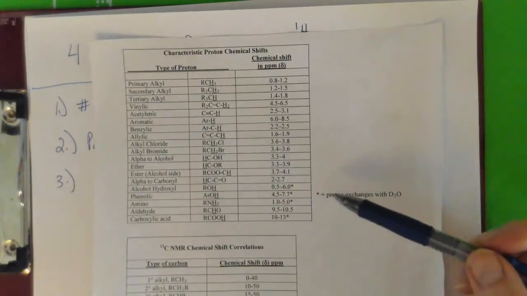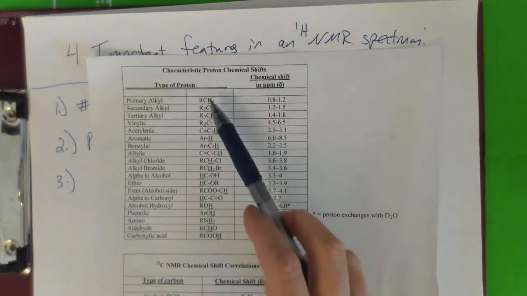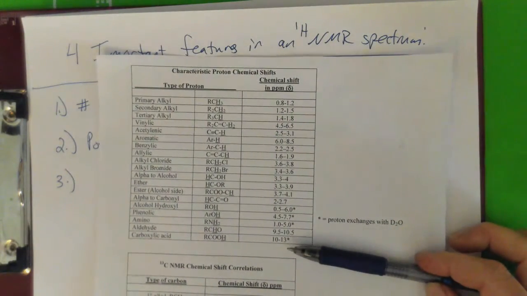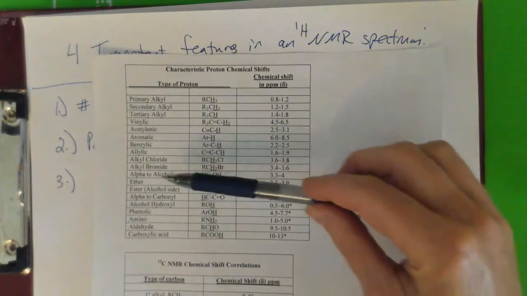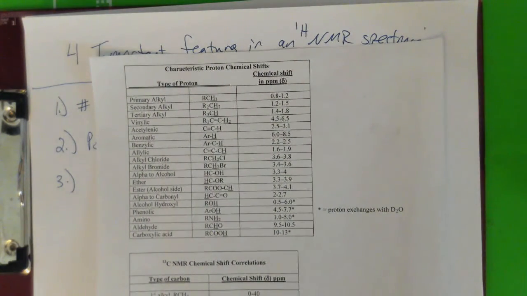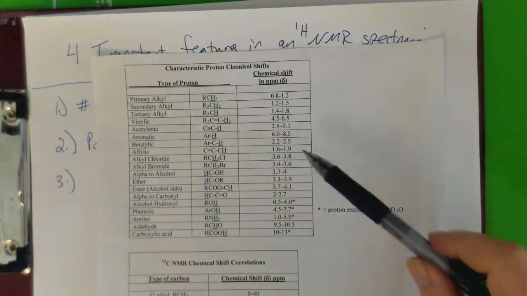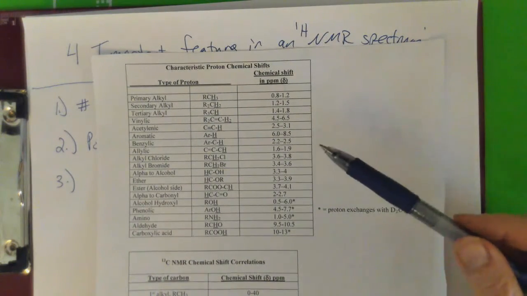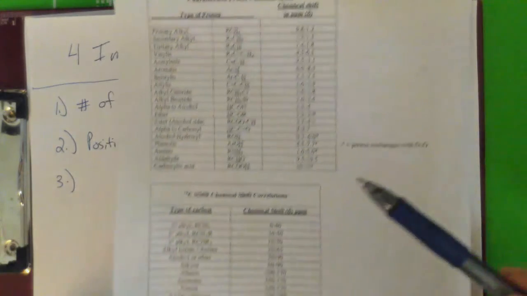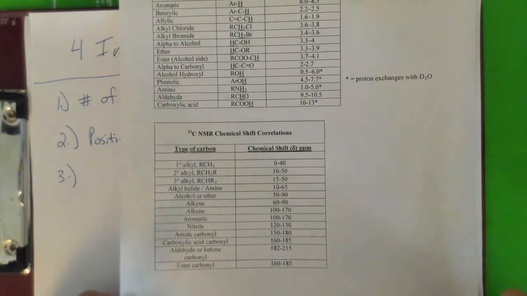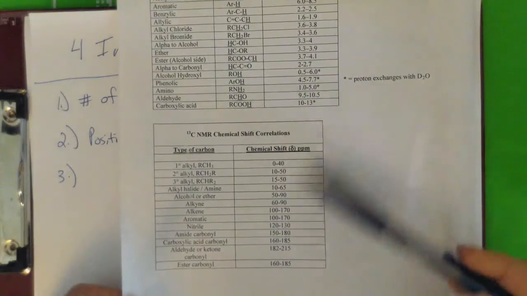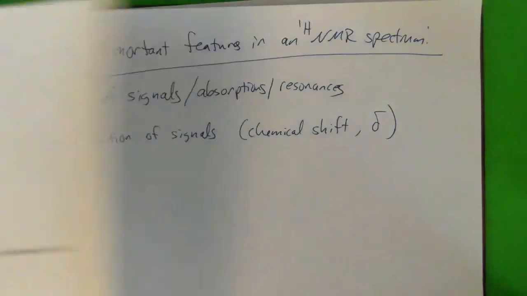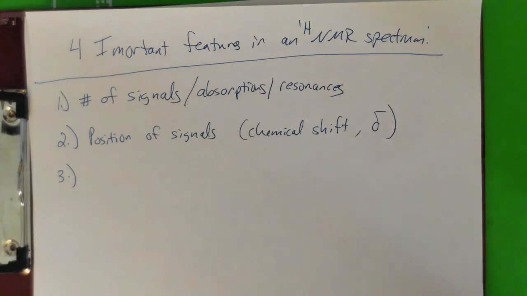This is an example of one here. This is showing characteristic proton chemical shifts, okay? And as we go through different families of compounds, we'll see examples of those compounds and their proton NMRs, okay? And then later, we'll take a look at carbon NMR as well. But this table, you're going to be given on the exam, so you're not meant to memorize this, okay? All right, let's move on.